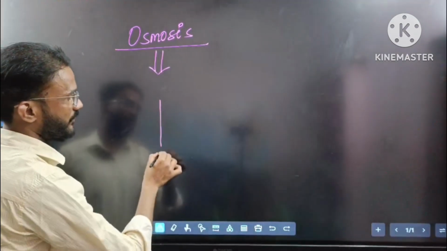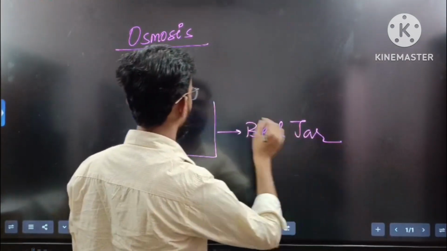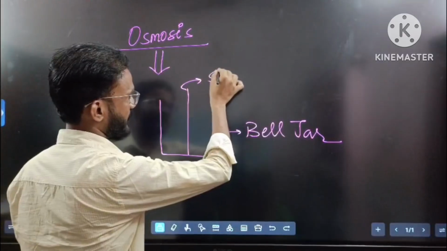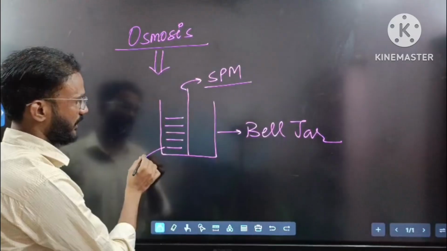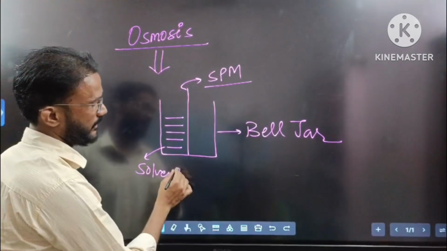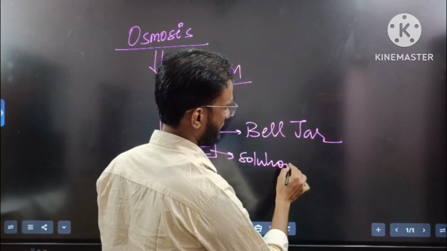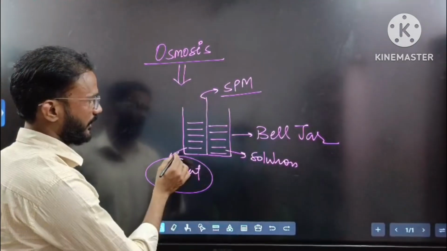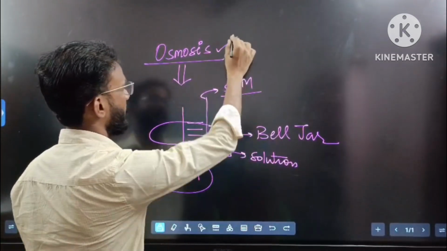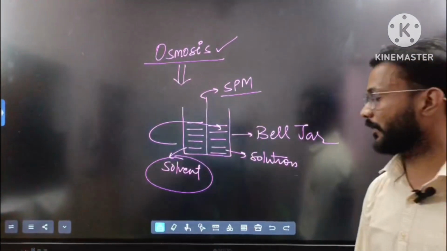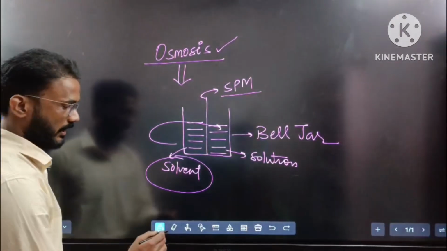For osmosis we will take a bell jar and place an SPM in the middle of this jar, and fill one side of the jar with solvent and the other side with solution. The particles of solvent will move through the SPM towards the solution. This process is known as osmosis.